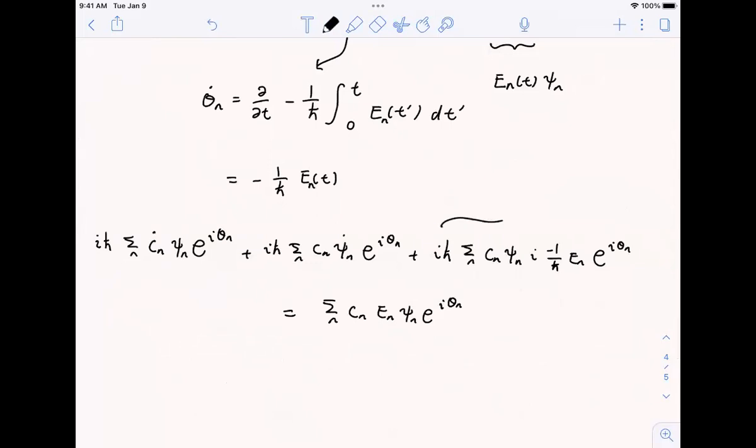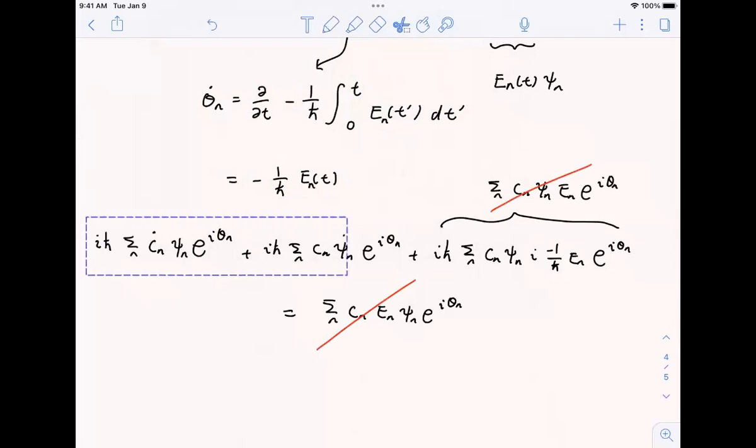For this one, you can see that this and this got canceled out. So eventually you just get Cn phi n En omega n. Then you find that this part and this part are canceled, so eventually only this part is remaining.